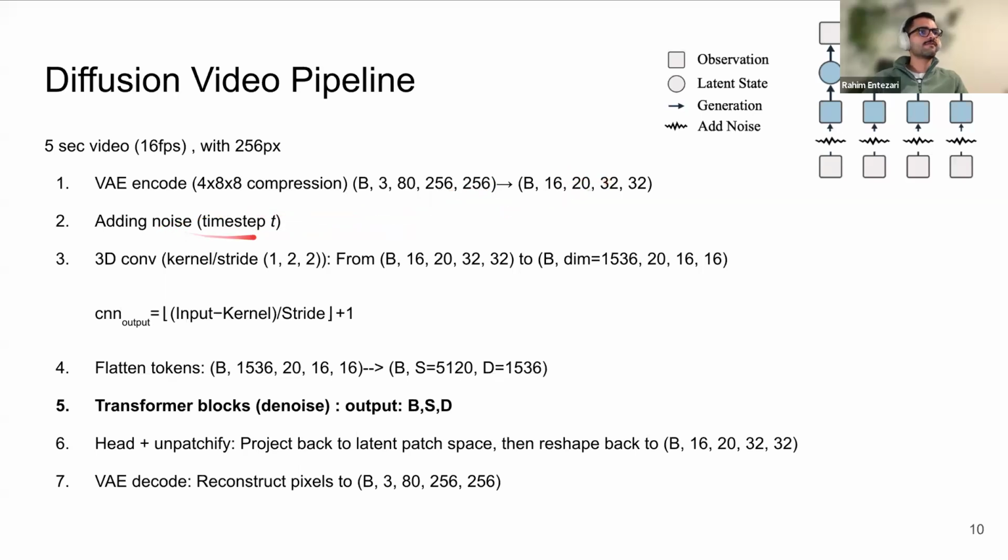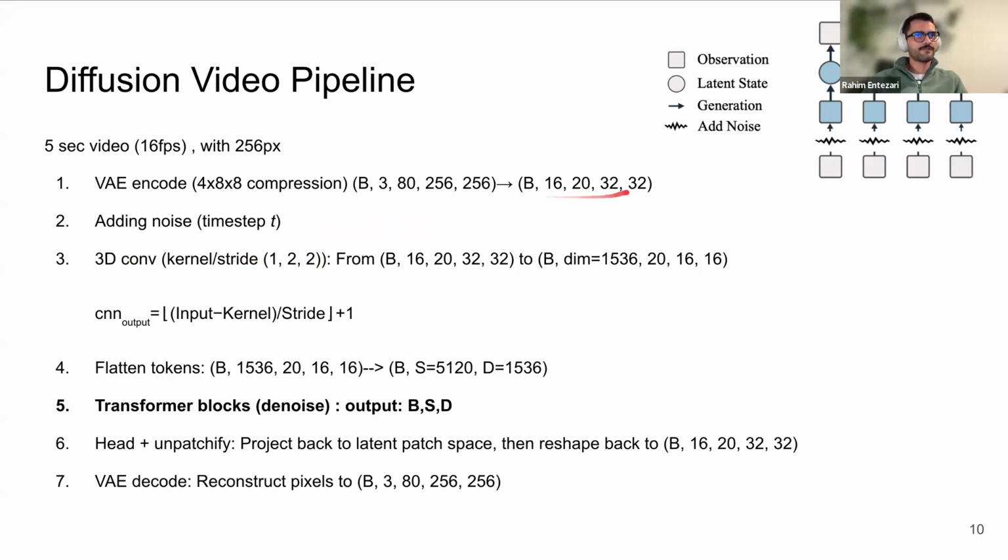And once this is ready, we do a 3D conv to make it ready for the DIT diffusion transformer blocks. 3D conv is very simple and similar to 2D convolutions. Instead of 2D, we now have temporal convolutions, so they are 3D.